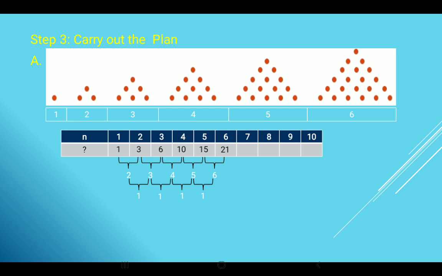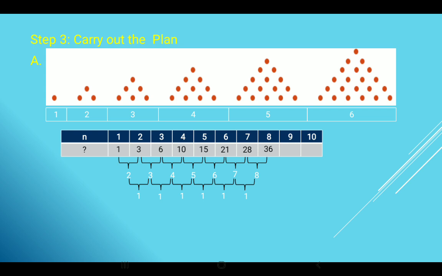So, to find the number of dots in the 7th term, 6 plus 1 is equal to 7, and 7 plus 21 is equal to 28. So, we have 28 dots in the 7th term. Next, 7 plus 1 is equal to 8, and 8 plus 28 is equal to 36.